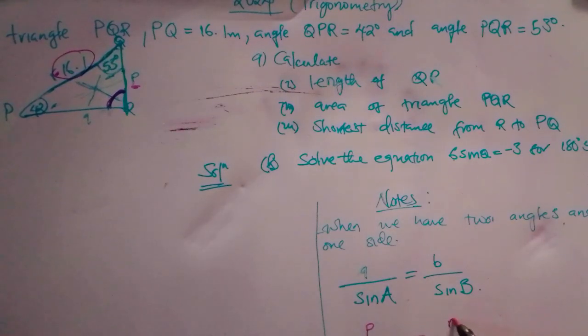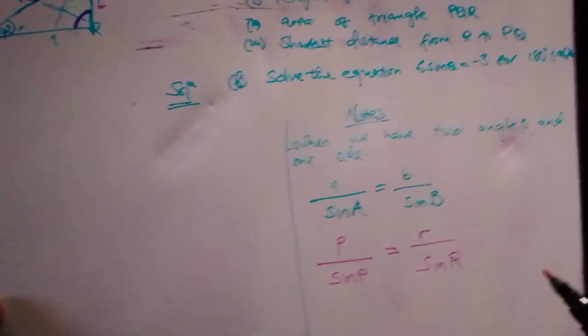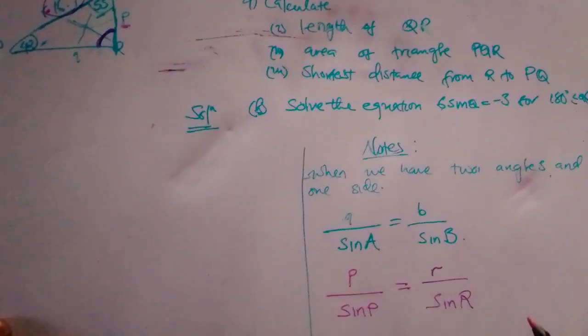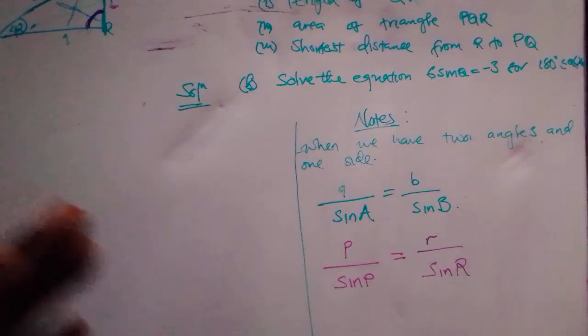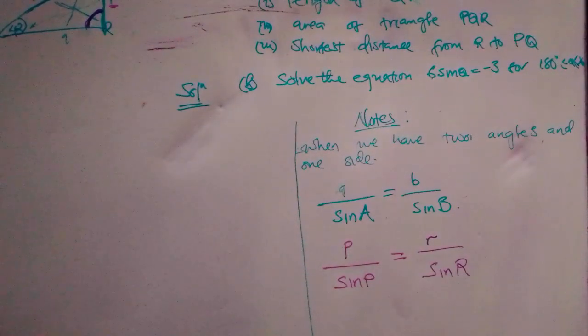So you say r over sine R, like that. Here the next step is to replace now. Where we have p, we put what is supposed to be there. Where we have sine P, we put the angle. And where there is r, we put the side.